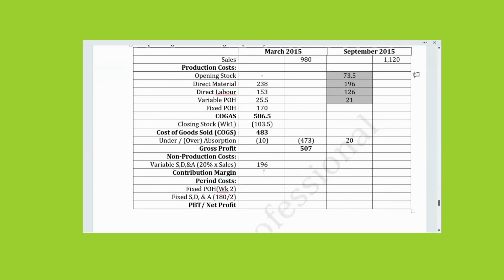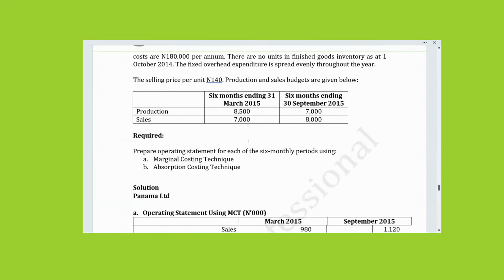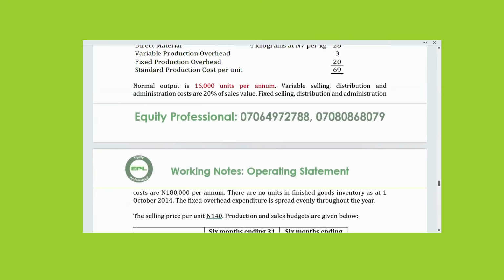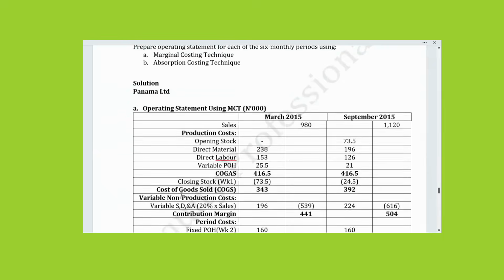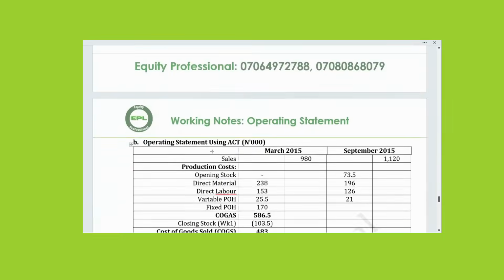Then we're also given fixed. Let's go back to the question. Fixed selling, distribution, and admin is 180,000 naira per annum, which is 90,000 for March. 90,000 is for March.